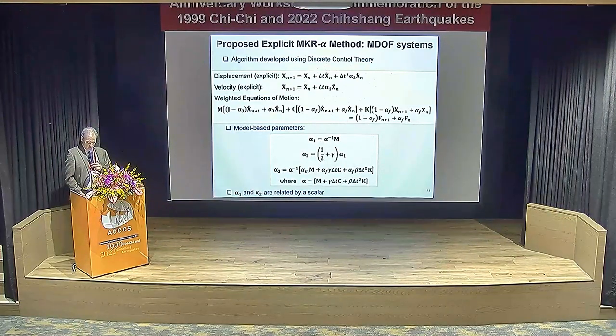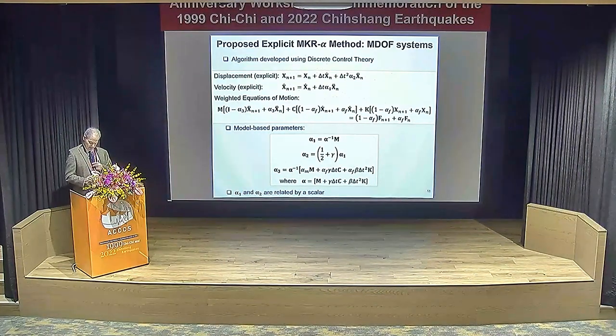In the weighted equations of motion, you can see the mass and the damping, and K here eventually gives restoring forces, but it's weighted. The weights are the alpha 1, alpha 2, which are matrices, and alpha 3, and then there are also some scalars, these alpha Fs. There's a lot of things floating around, and you may ask, how do I deal with all this? Well, it all boils down to one parameter, actually two, delta T and the spectral radius.